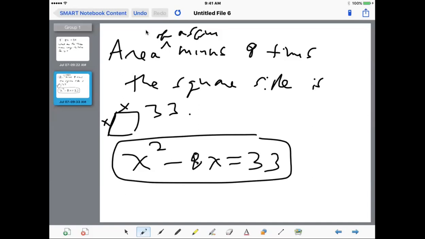So it's interesting to me that in 1600 BC, they were sophisticated enough to be making up math problems that really don't have any practical purpose. Why would I want to know what the length of a side of a square is if the area minus 8 times the square side is 33?